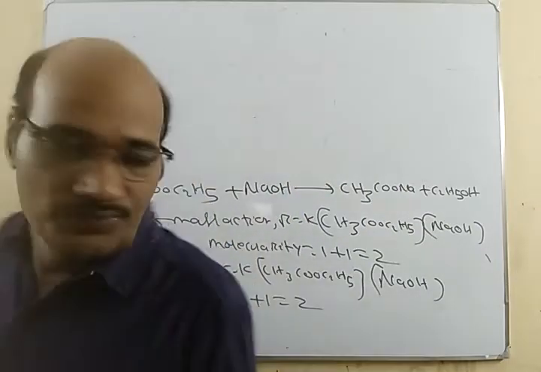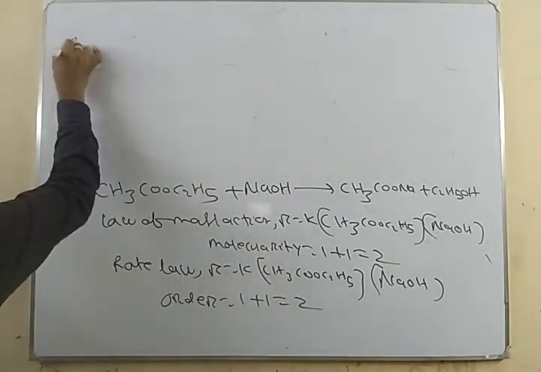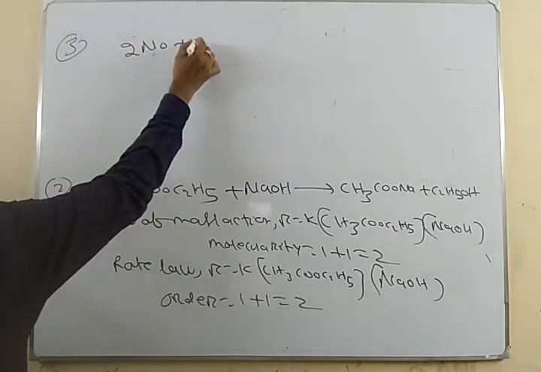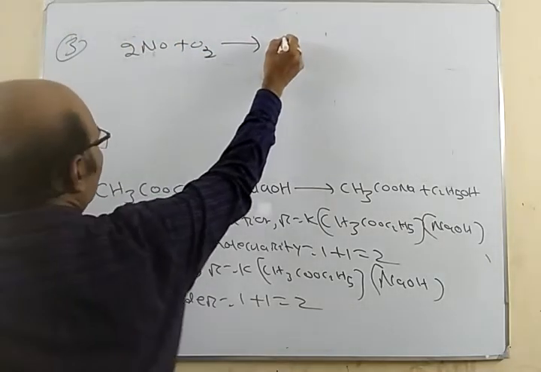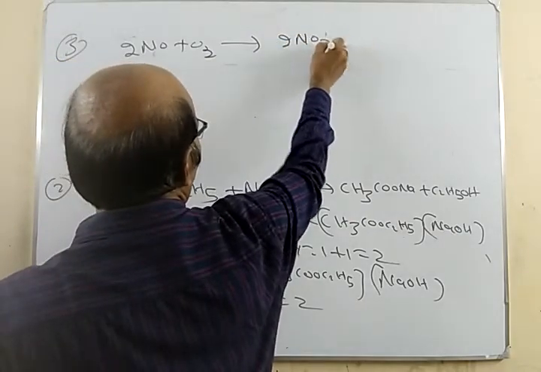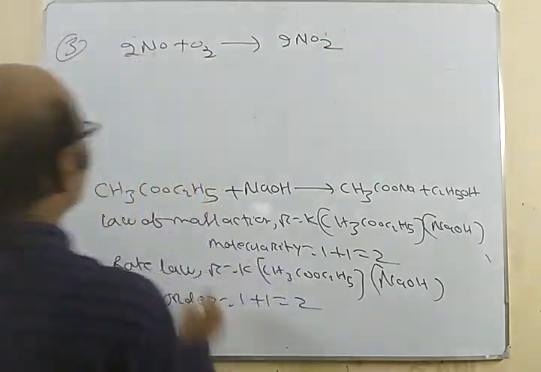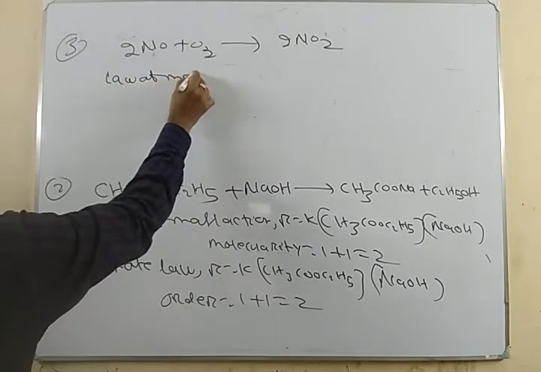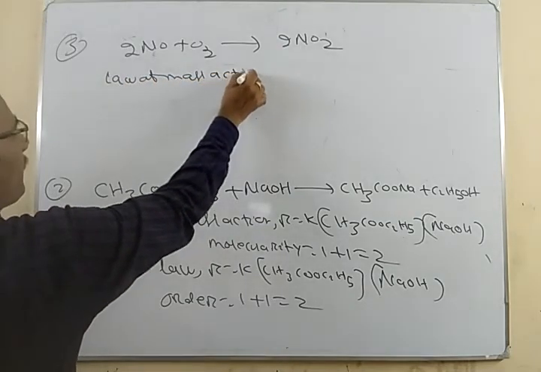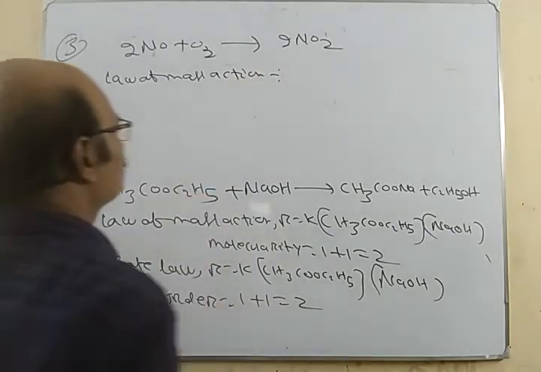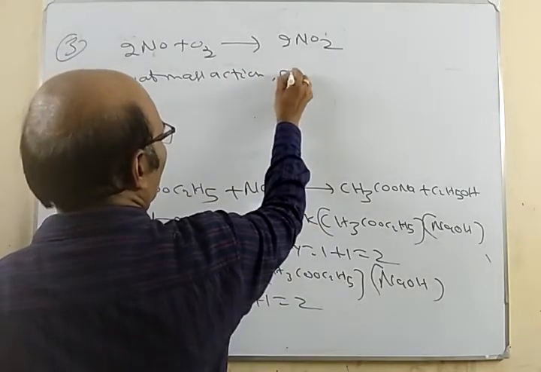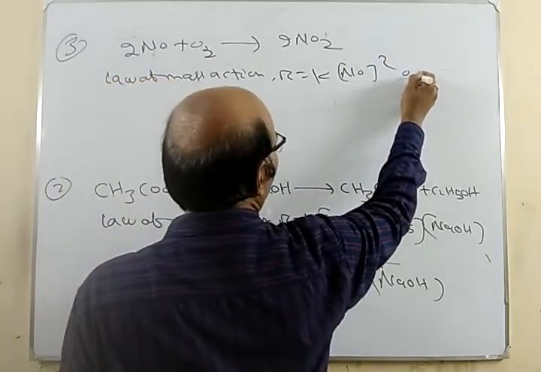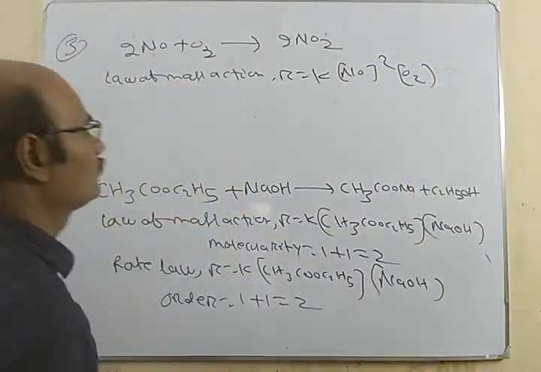Now the next one, 2NO plus O2 gives 2NO2. Here the law of mass action is R = k[NO]^2[O2].